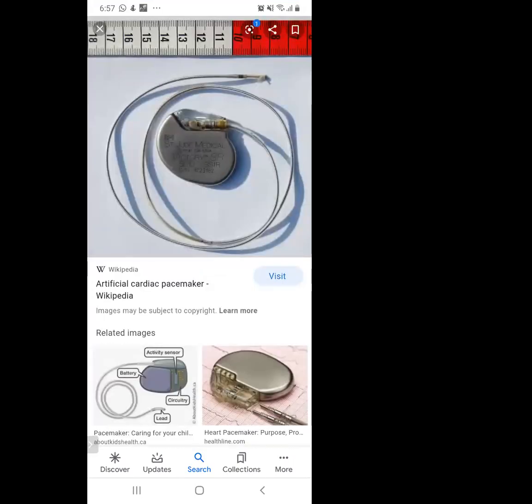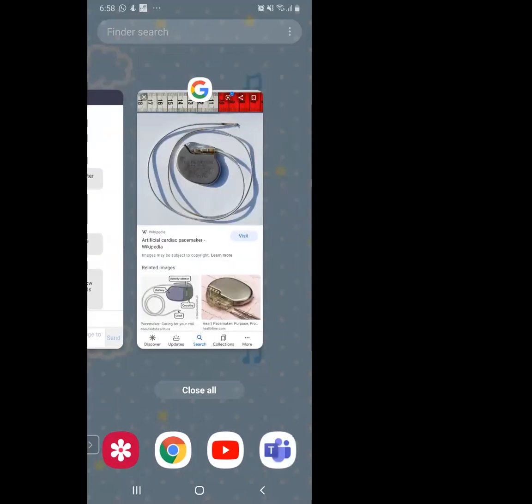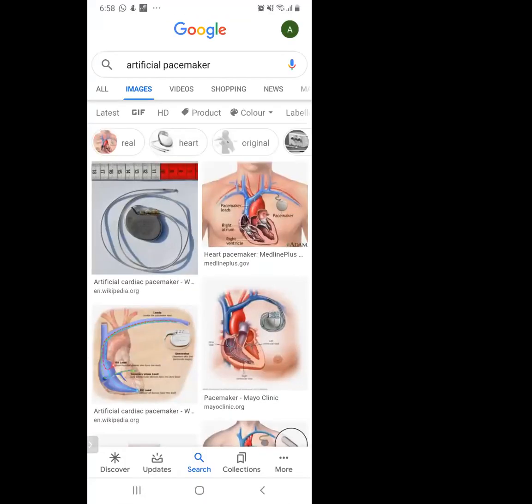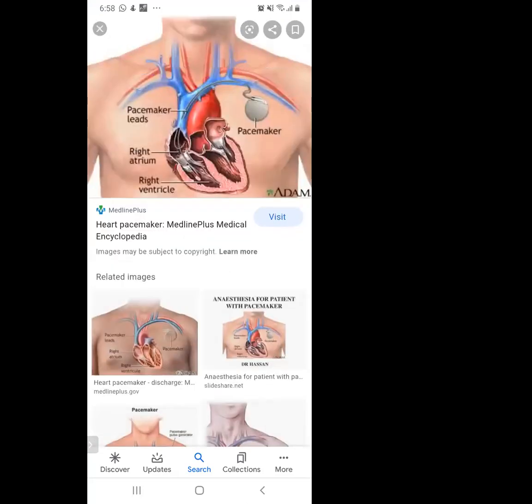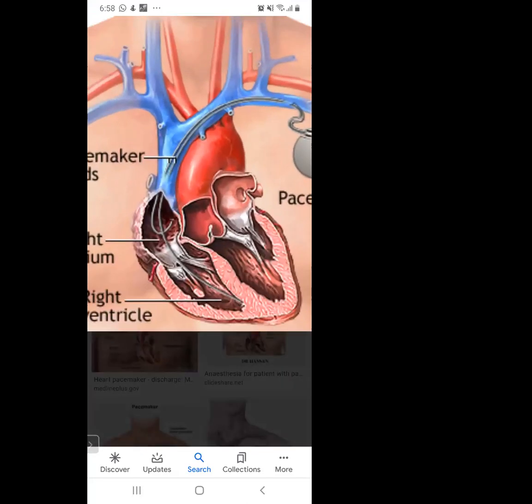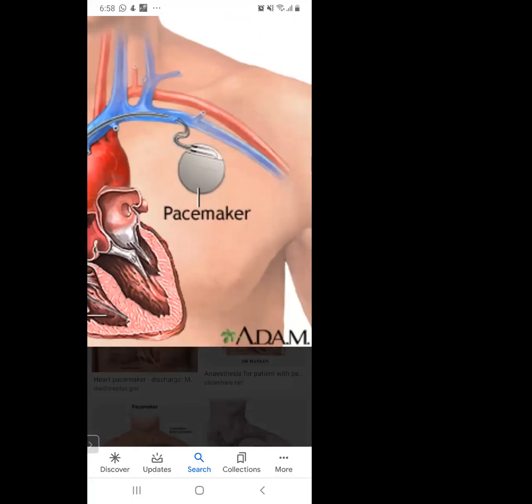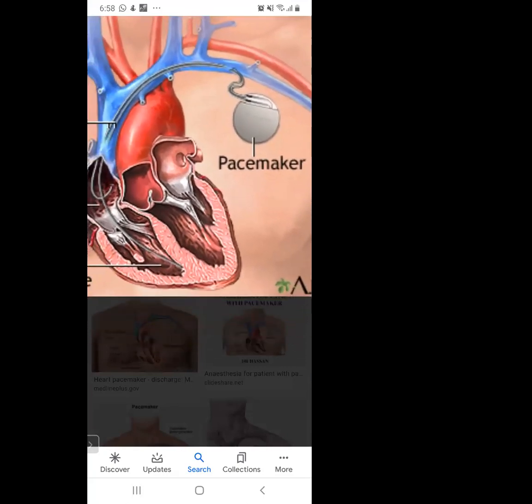This is how an artificial pacemaker looks, kept on the table just like that. But how does it look when it is implanted into a body? This is how it looks. This is the heart on the left side. They have implanted it this way.